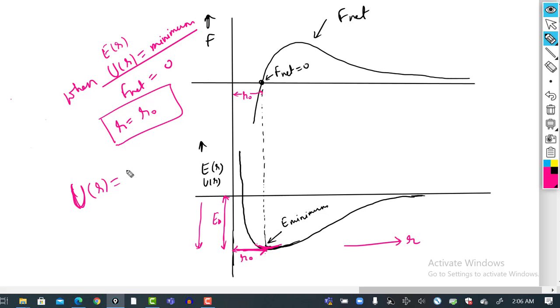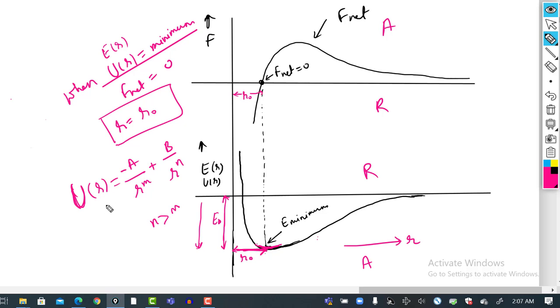Below, in the fourth quadrant, it will be attractive energy, and this part shows repulsive energy. So the attractive energy part is negative, so minus A by R to the power m plus B by R to the power n, where n is always greater than m.